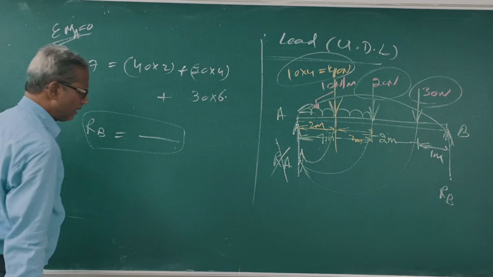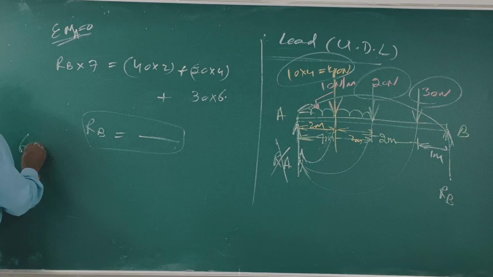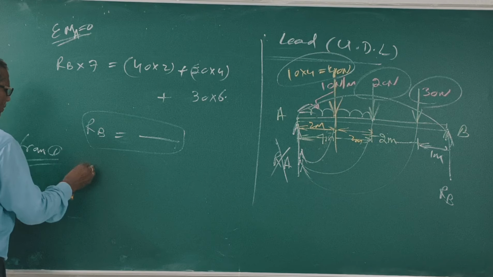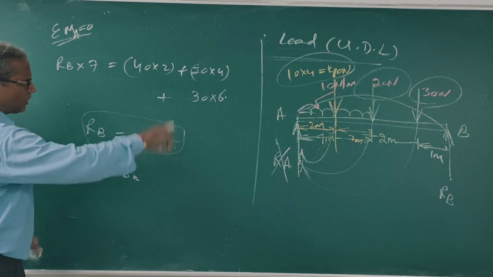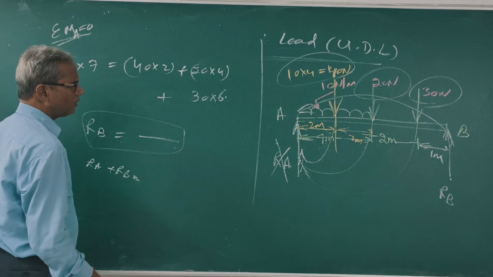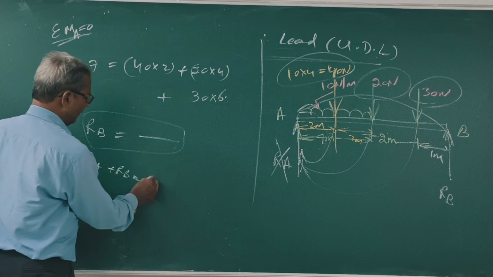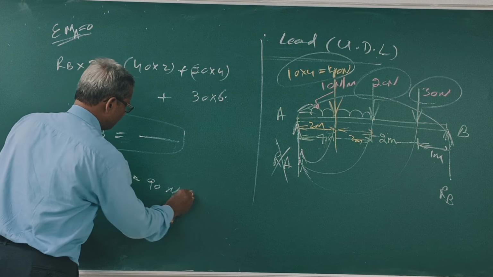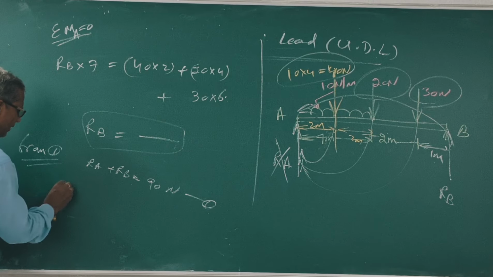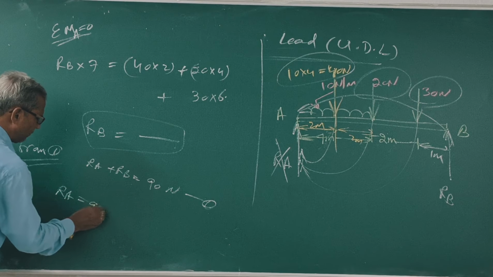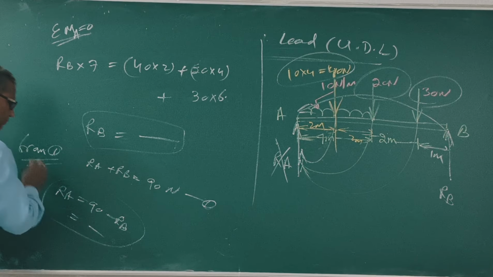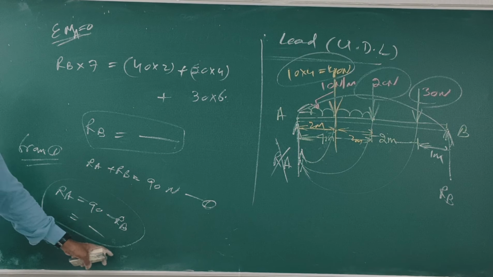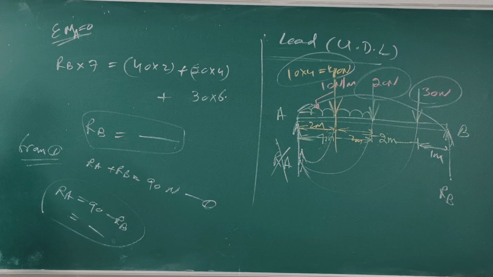Next, from equation 1, what is RA plus RB? 90. What is RA? 90 minus RB. You can calculate and get the answer. Clear?